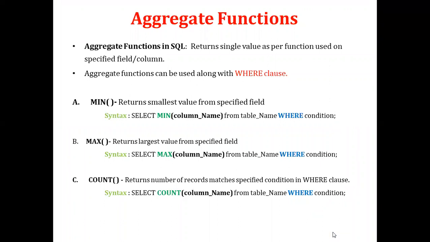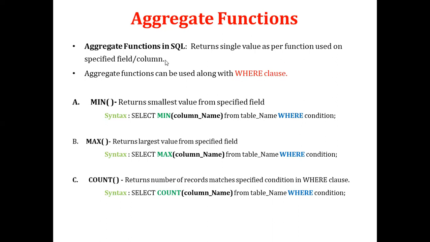What is the difference between a regular function and an aggregate function in SQL is that an aggregate function always returns a single value as per the function used on a specified field or column. We put down the condition to fetch particular data from the database. This is another solution for taking out specified data from the database.